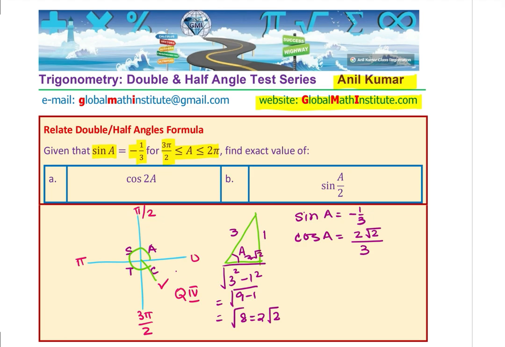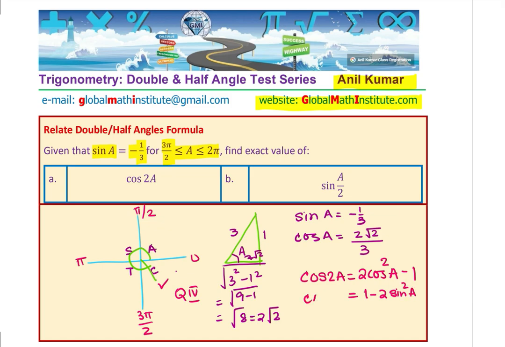Now let's look into the related formulae. Let me write down the formulae, double angle formula, right? So what is cos 2A equal to? Cos 2A is 2 cos square A minus 1. We could actually find it with sine A also: 1 minus 2 sine square A, right?